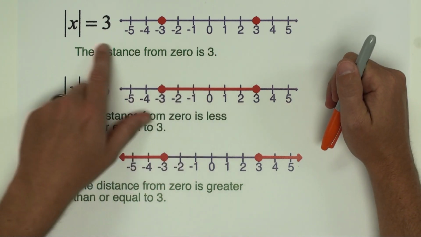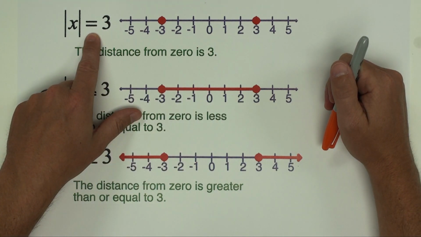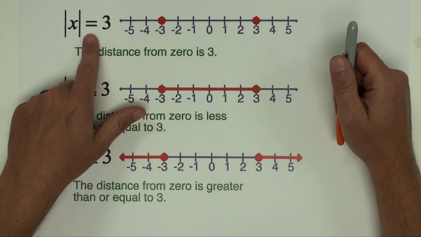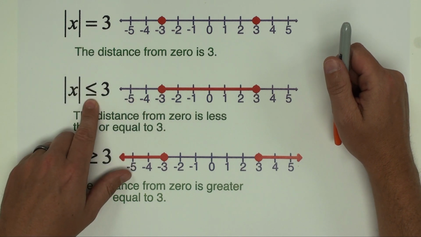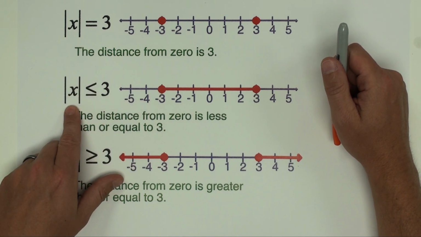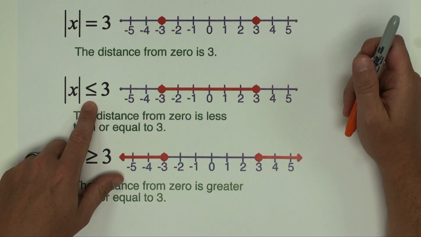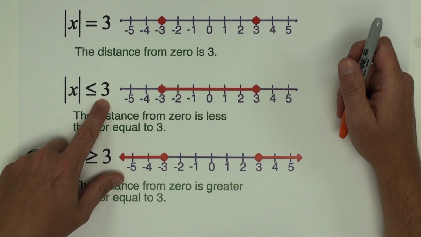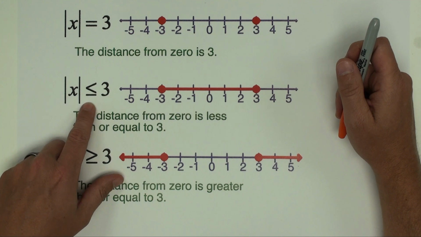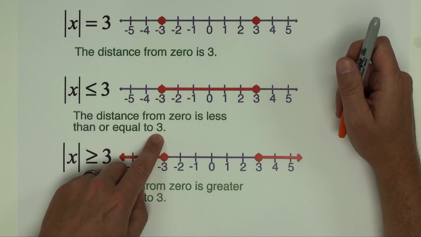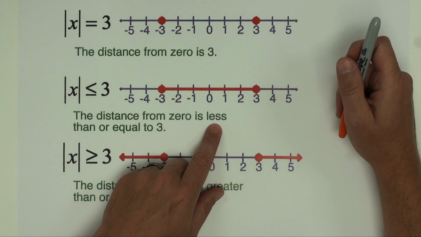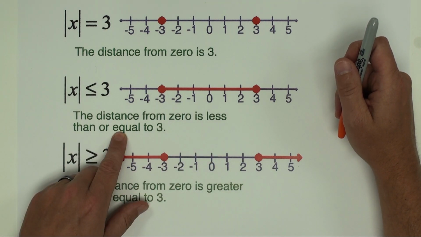Now, if we replace the equal sign with an inequality sign, the meaning changes just a little bit. So if we replace the equals with a less than or equal to, our statement reads the absolute value of x is less than or equal to 3. Well, the equal to 3 still means the distance is equal to 3. But the less than means that the distance from 0 is less than, and then of course, or equal to 3.